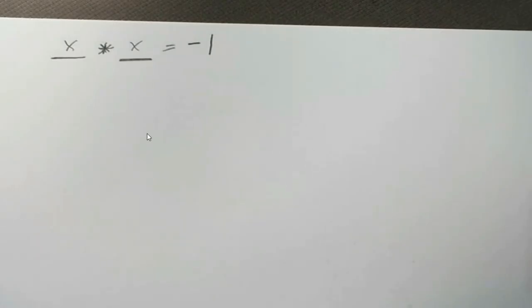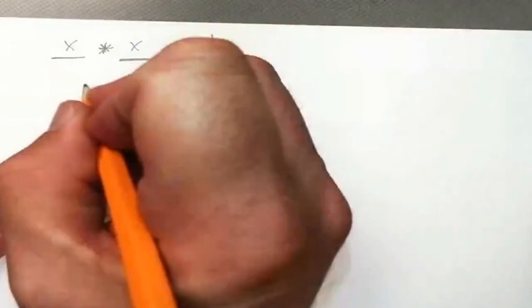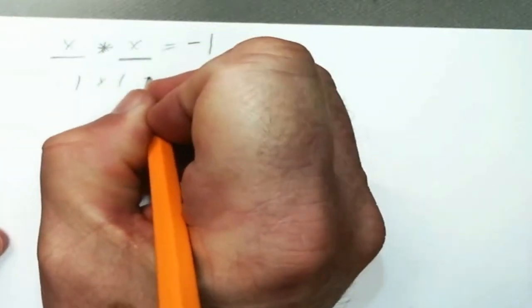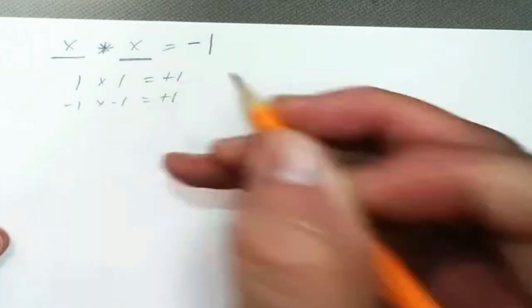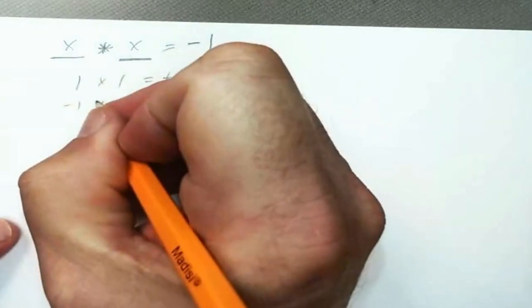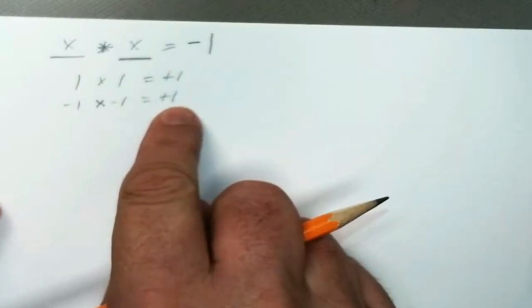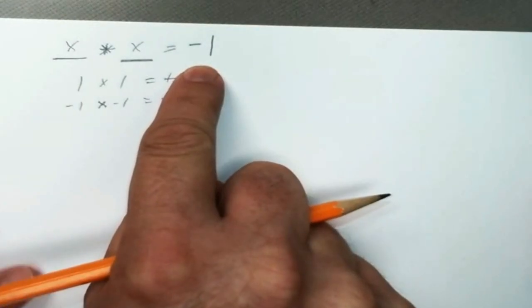But if I want the same number and I want to end up with a -1, we kind of run into a problem. Because if I multiply 1 times 1, I get a +1. And if I multiply -1 times -1, I still get a +1. And any other numbers I use won't give me a -1.